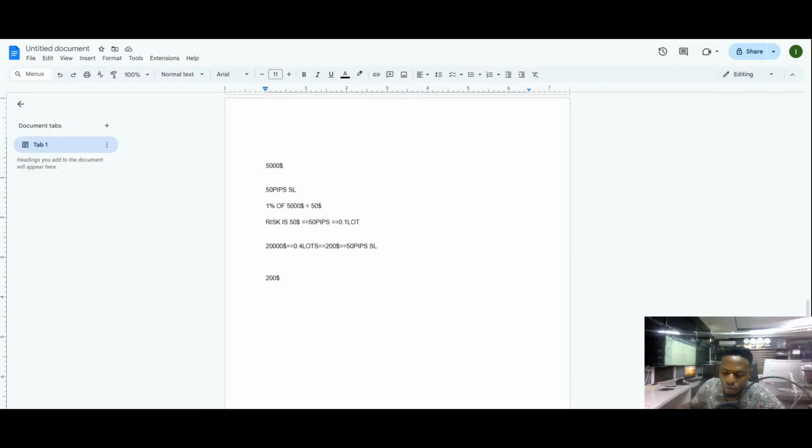Maybe if it is $200 now, let's assume you want to risk $20. You want to risk $20 for the trade, right? $20 is 10% of 200, right?